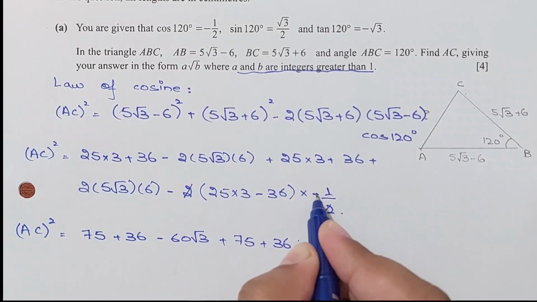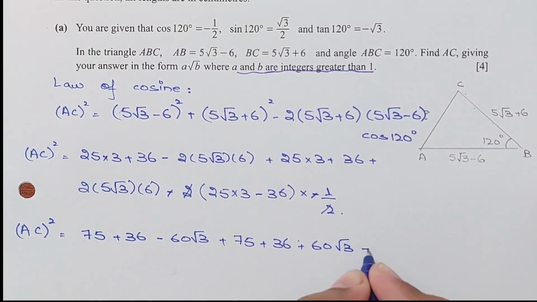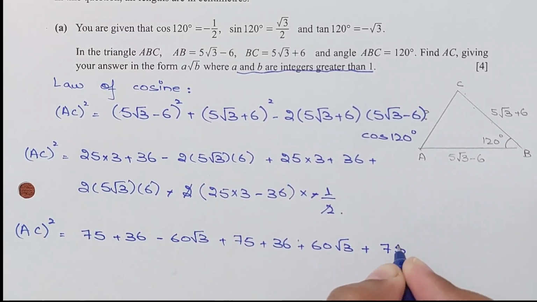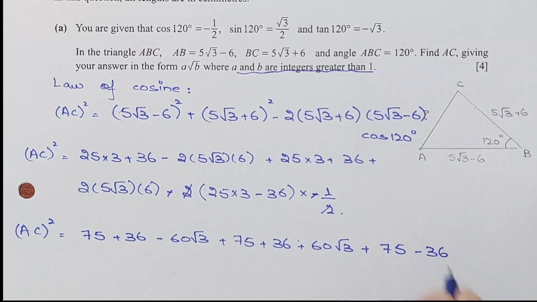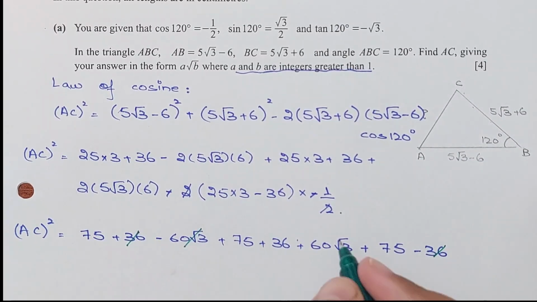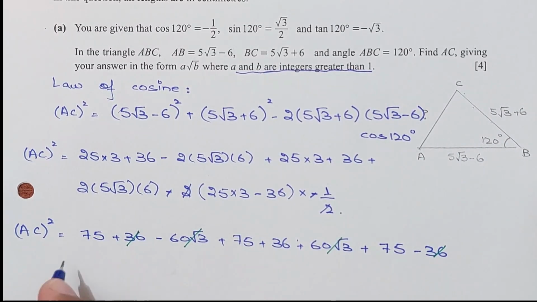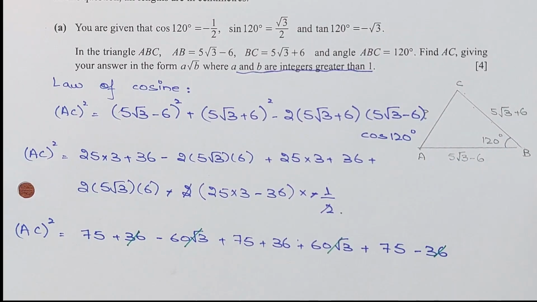The 2 is cancelled with 2, negative is cancelled with negative, so this is positive 75 minus 36, right? The 36 and minus 36 are cancelled, and the minus 60 square root of 3 plus 60 square root of 3 is cancelled, right? So we are left with 75 plus 75 plus 36 and plus 75.